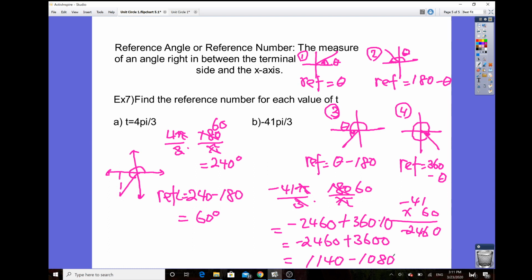Because I have 360 times... so let's see, 720. So that means I add that 360 twice, and then add that again, so then that'll be 1080.